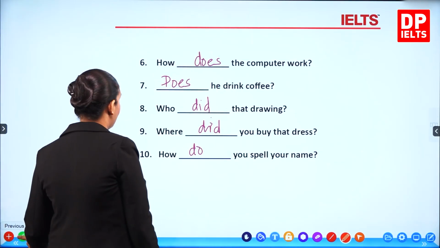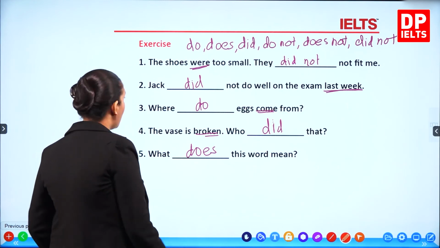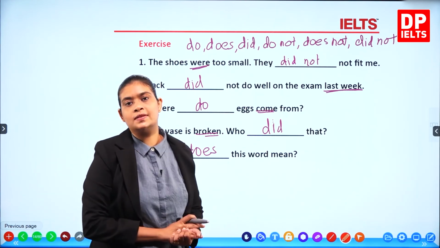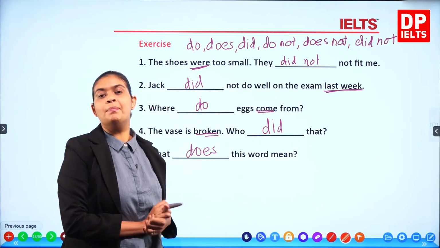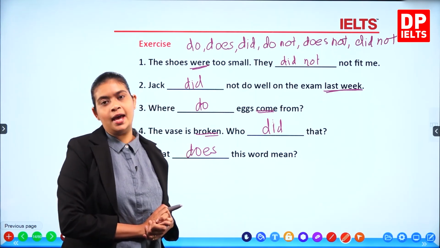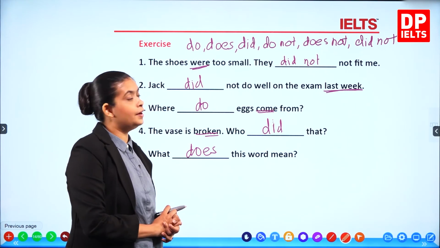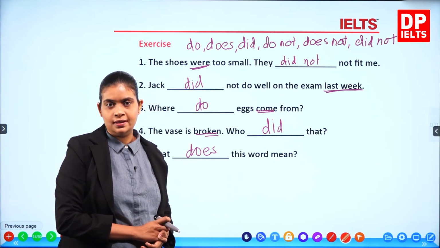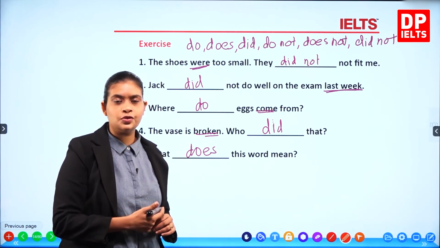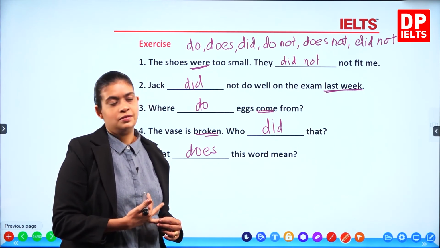So coming back, how did I choose these words? It is based on the tense, right? Based on the singular and plural nouns or pronouns. That's how I chose the word. And I want you also to think about it, right?